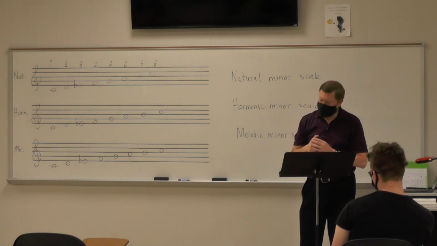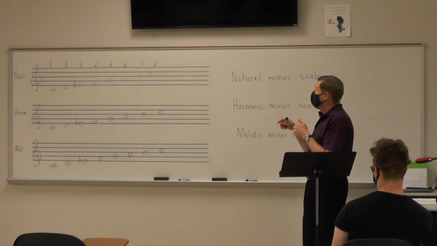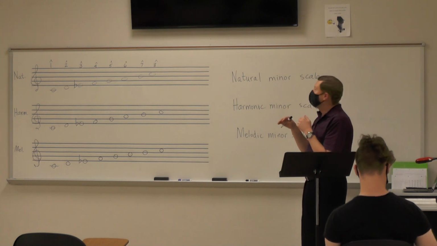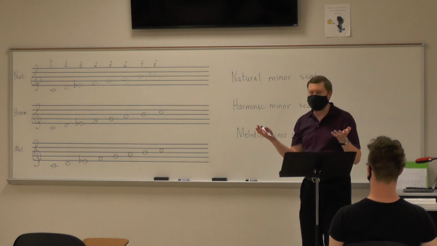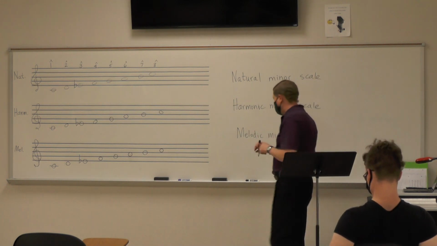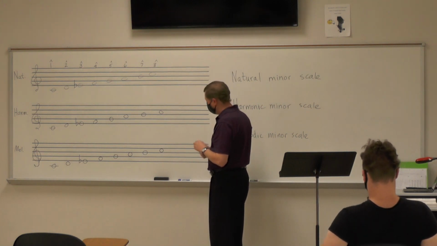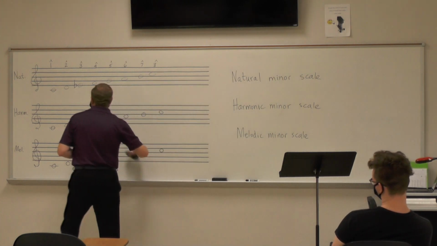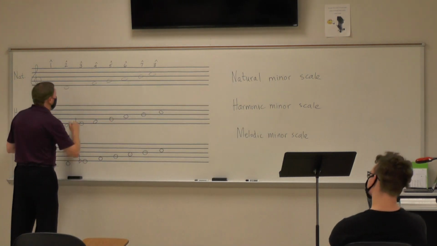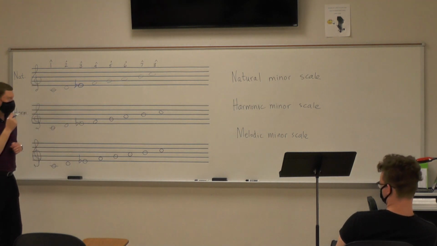And let me go ahead and first of all spell the natural minor scale correctly. I'll do it by comparing it to the major scale, because we've got to compare it to something we know. I'm going to change the color of the notes that I lowered from the major scale. So for instance, I've already lowered scale degree 3 from C major a half step, right?